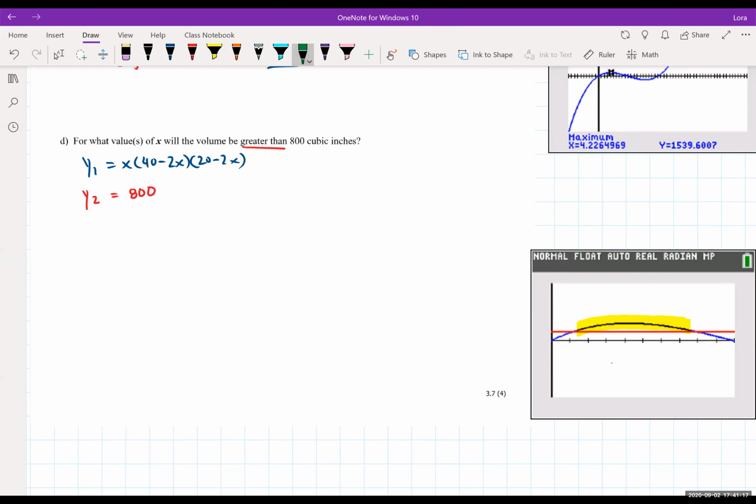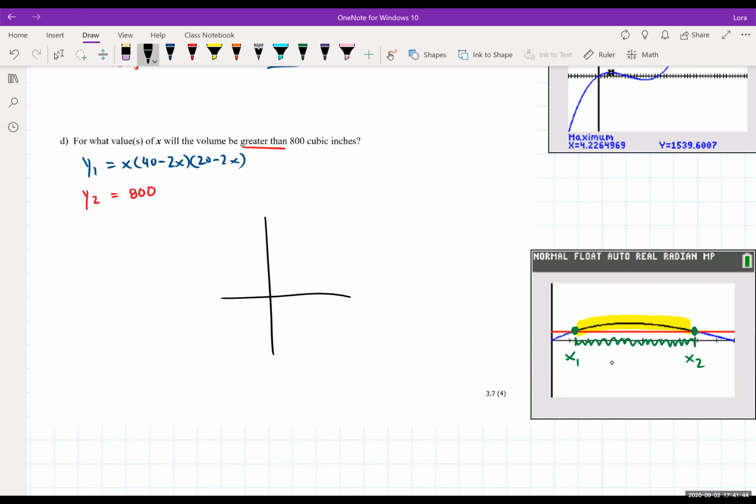So what that means, you would have to find the intersection of these two curves so that you can find this corresponding X value. I'll say X1 and X2. Because that region, everyone in between those two numbers, will give you where the volume is greater than 800 cubic inches. So if you'd like to, just like I said, you don't have to copy and paste graphs.